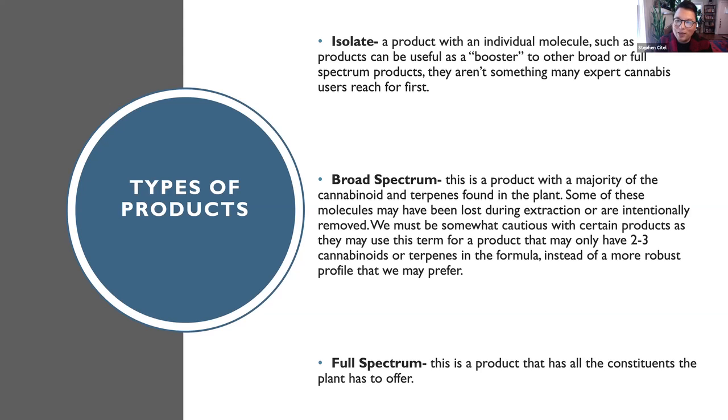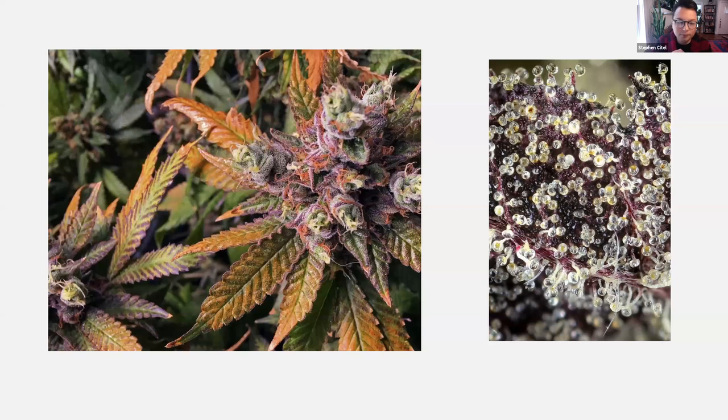There is some debate whether full spectrum products should also include the oil from the actual hemp seed or the hemp plant itself or the cannabis plant itself, because that oil itself is loaded with that plant's signature fatty acid profile. But I'm not there yet. And as long as it has all the phytocannabinoids, the terpenes, and the flavonoids, I'm still considering it a full spectrum product that I definitely like to lean on.